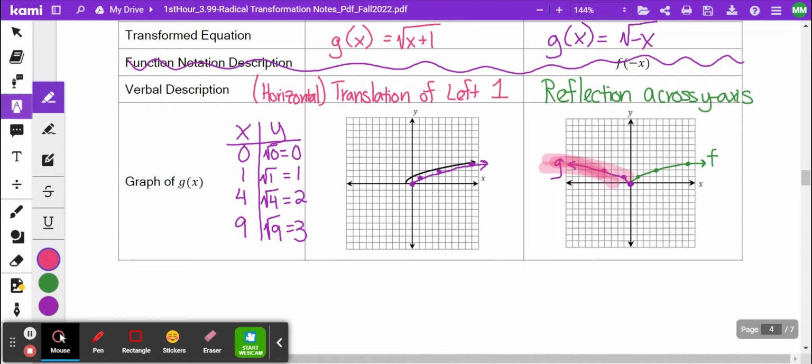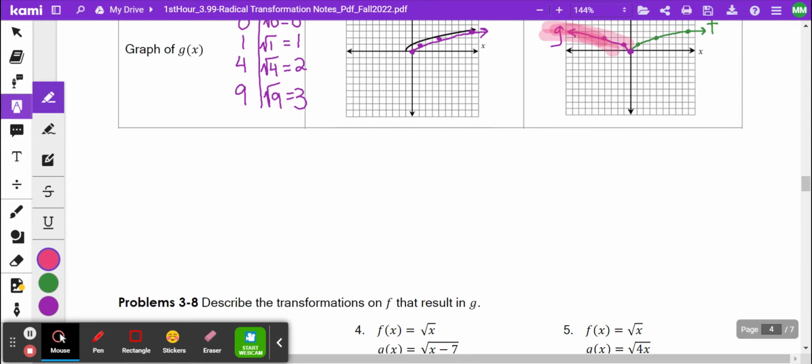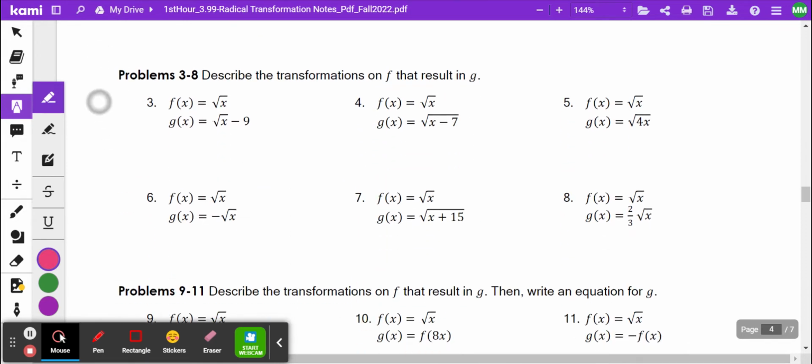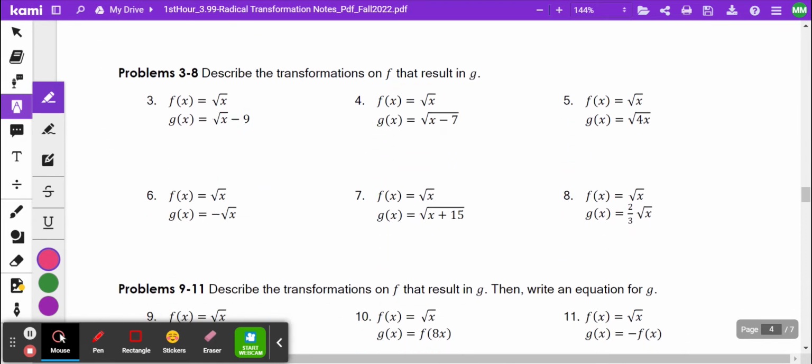Looking at the next section, problems 3 through 8, you're just going to describe the transformation of F that results in G. So you're going to look at how it changed. So if we look at number 3, this one has a subtraction on the outside of the square root.